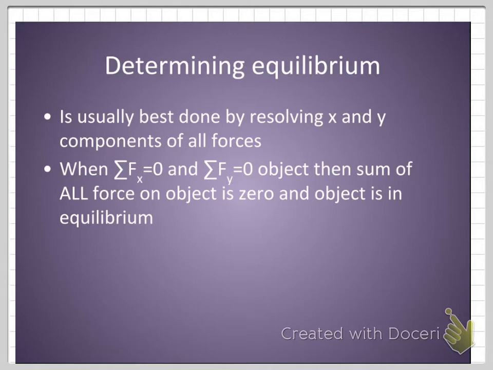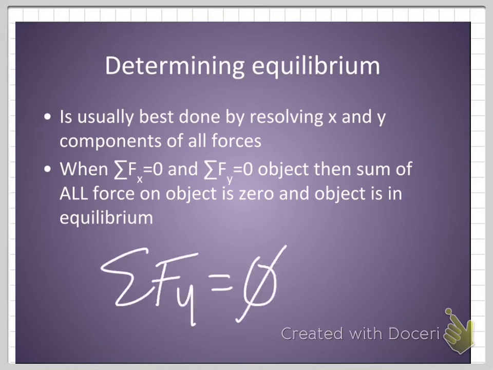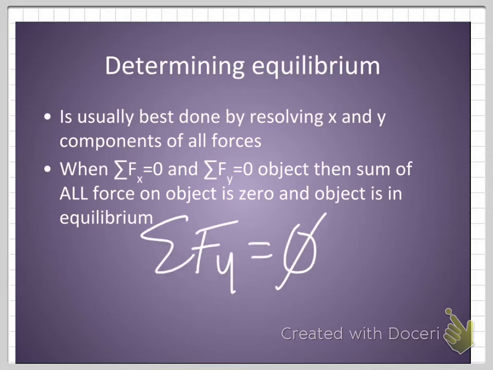So this whole time we've been talking about things where we say, oh, on the y-axis it's not flying up in the air and it's not dropping, so therefore the sum of forces on the y equals 0. What we've really been saying is that on the y-axis the acceleration is 0.